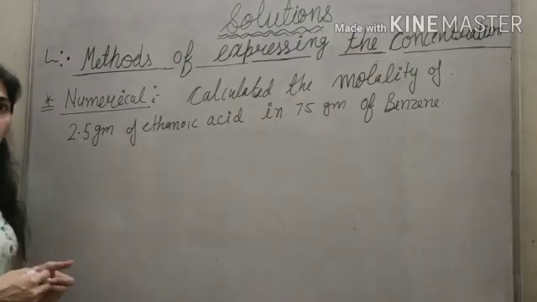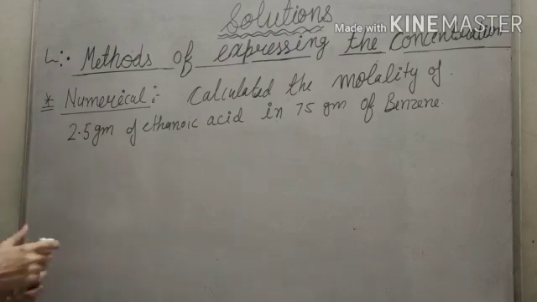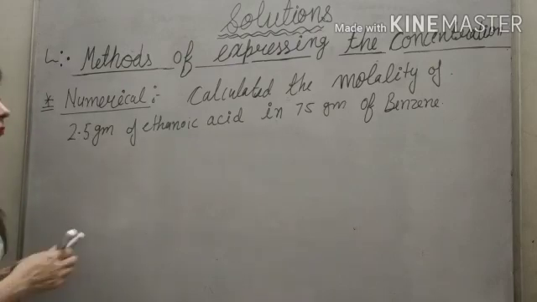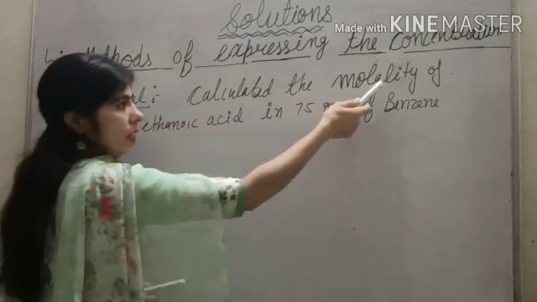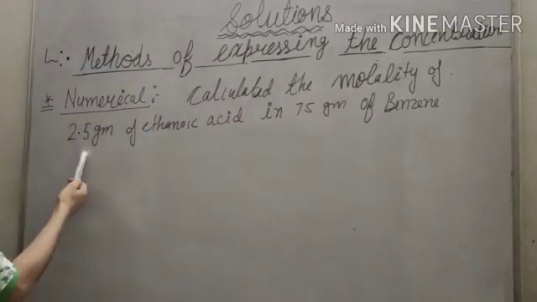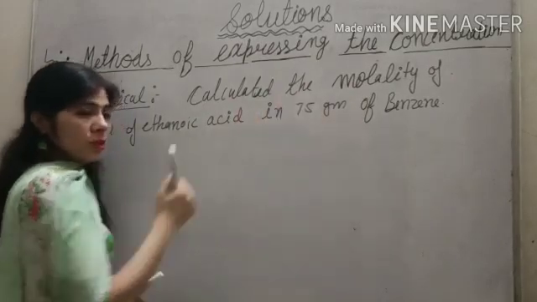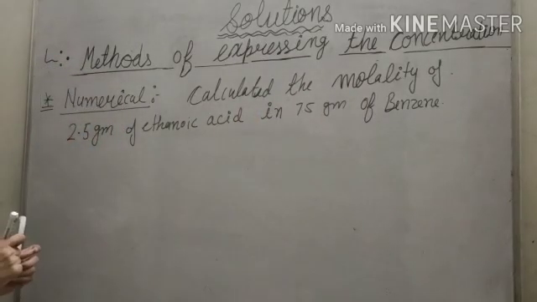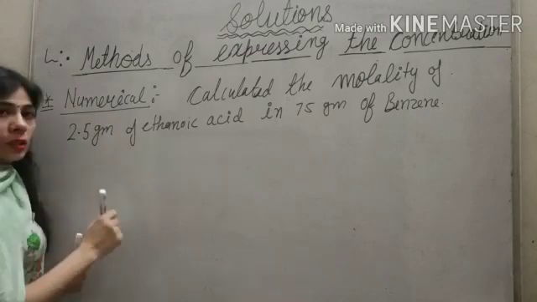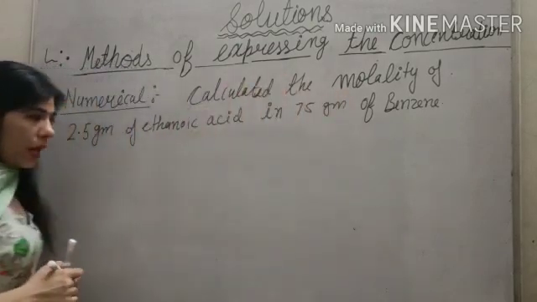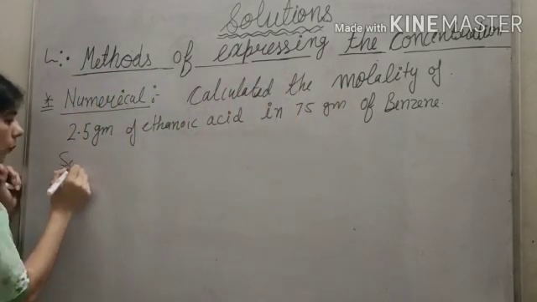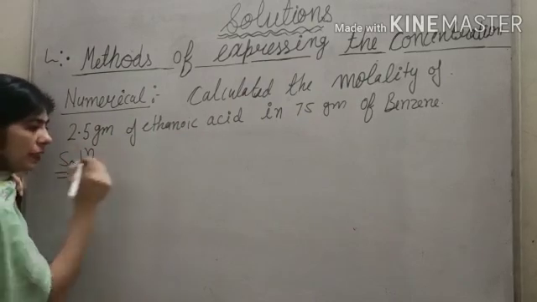Let's do a numerical on the basis of molality. Calculate the molality of 2.5 gram of ethanoic acid in 75 gram of benzene. Now what do we have to calculate? Molality. And what is the formula of molality?